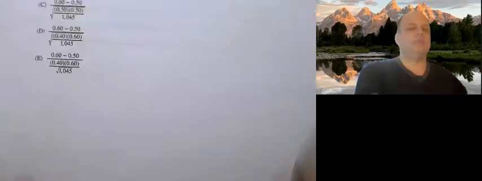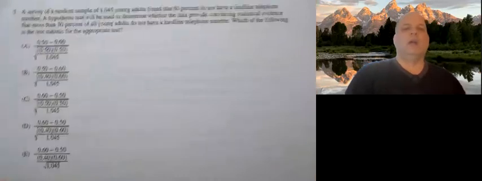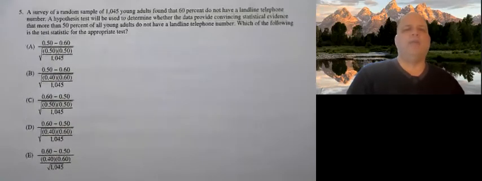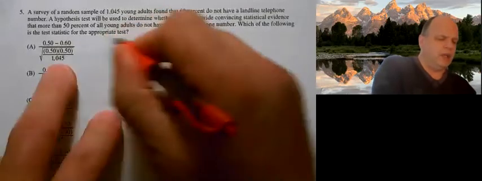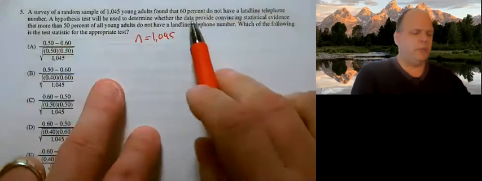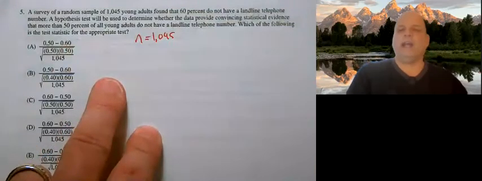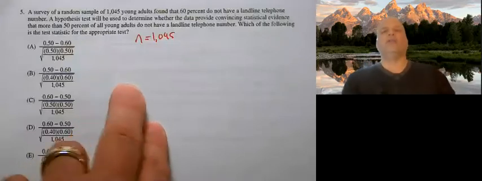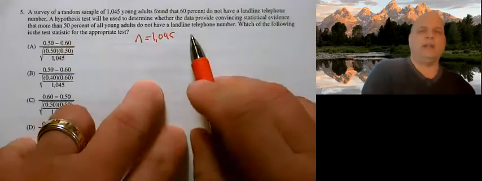All right, number 5. A survey of a random sample of 1,045 young adults. So we have n equals 1,045. Found that 60% do not have a landline telephone. A hypothesis test will be used to determine whether the data provide convincing statistical evidence that more than 50% of all young adults do not have a landline telephone.